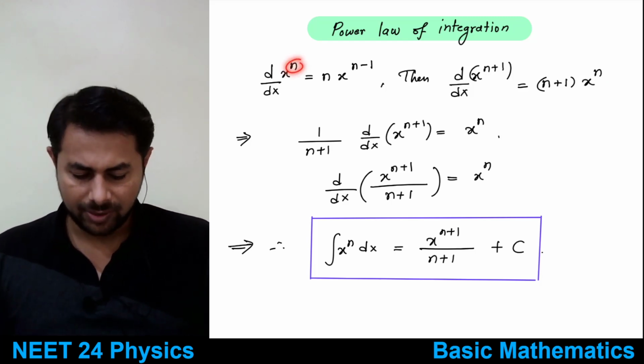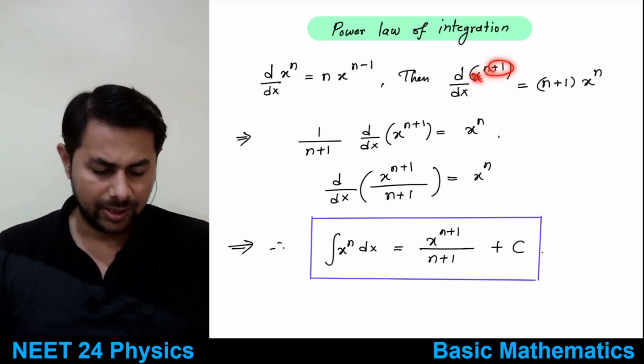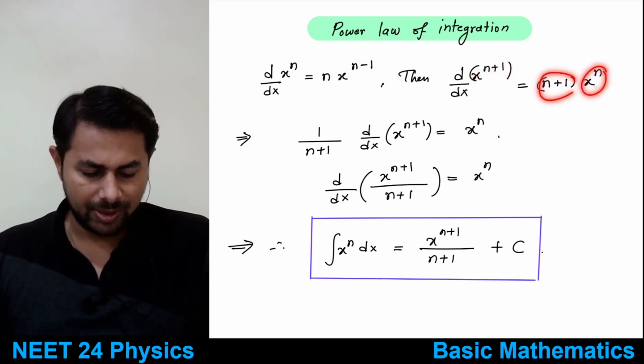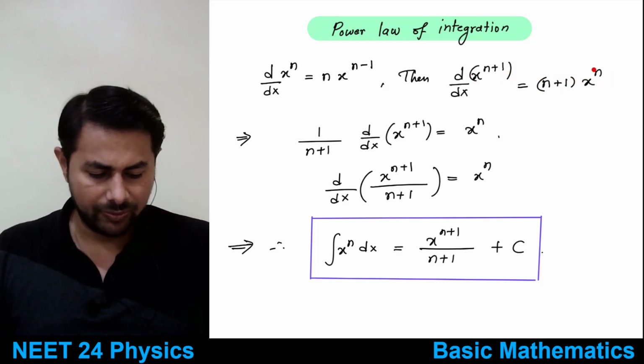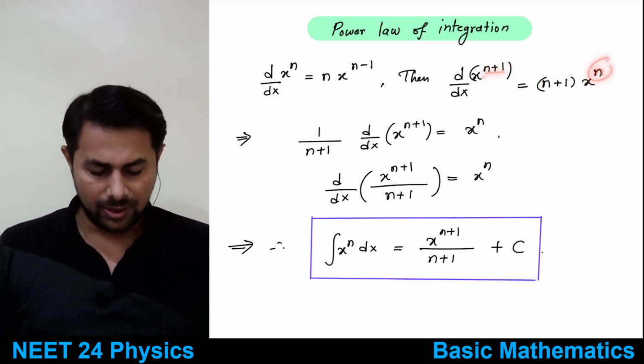The power comes in multiplication and the power is reduced by 1. Here the power is n plus 1, so this term will be multiplied by n plus 1 and the power will be reduced by 1. So n plus 1 minus 1 is n.